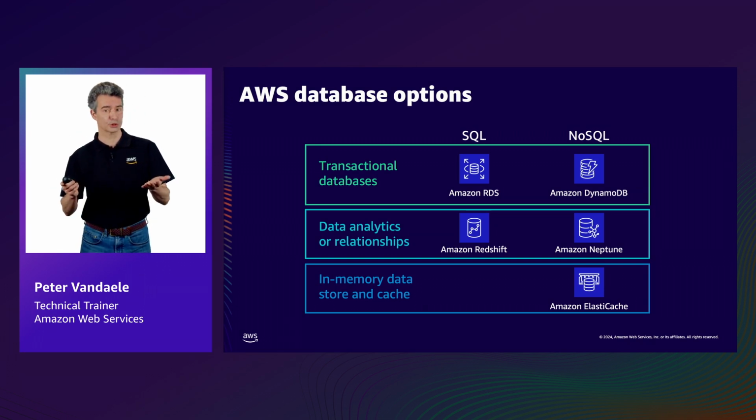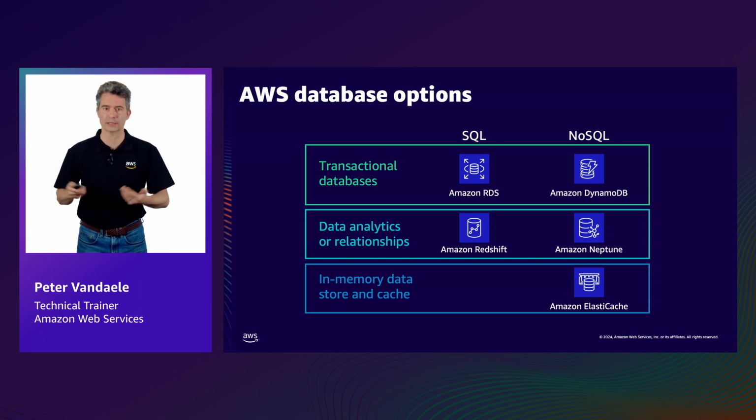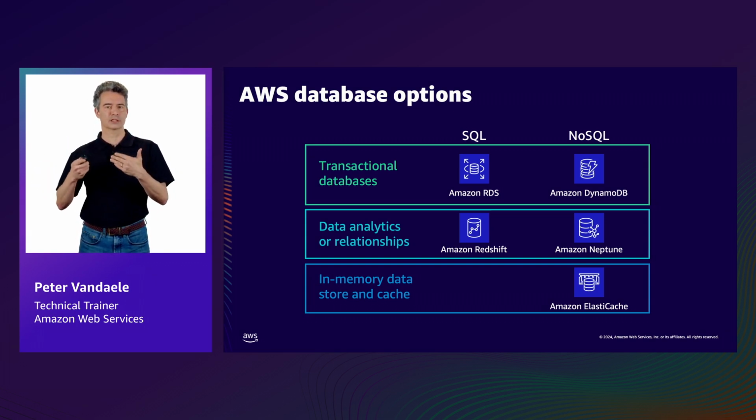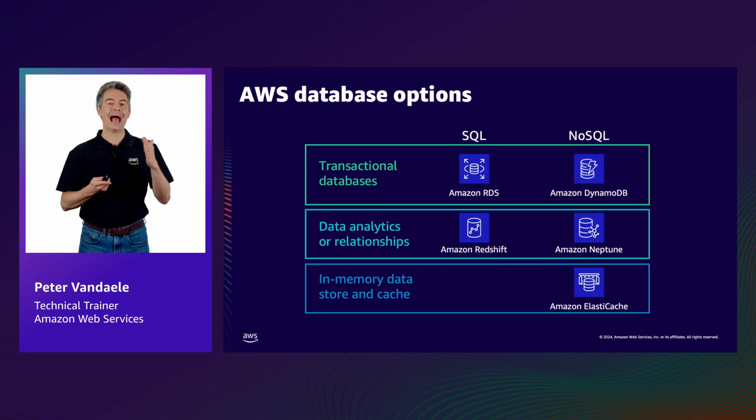So how do you choose? For a relational style database that has transactional requirements, look no further than Amazon Relational Database Service, or RDS. If you need a relational style database but require analytical processing, then Amazon Redshift is your service. For storing your data in a non-relational way for transactional databases, Amazon DynamoDB may be a good fit for those needs.